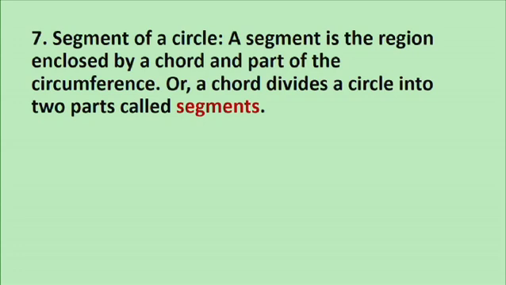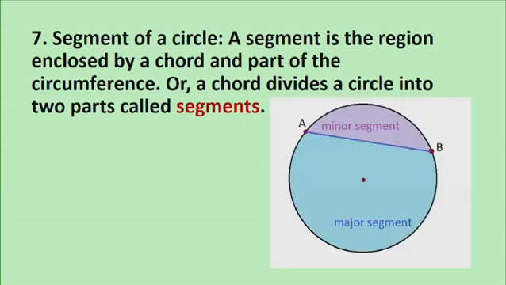The next one. Segment of a circle. A segment is the region enclosed by a chord and part of the circumference. Or a chord divides a circle into 2 parts called segments. In this image, AB is a chord that is dividing the circle into 2 parts.